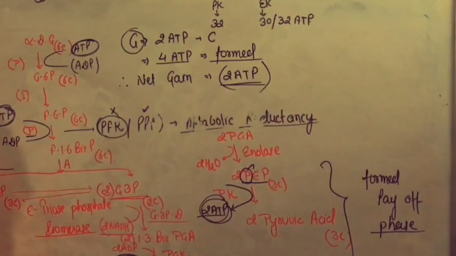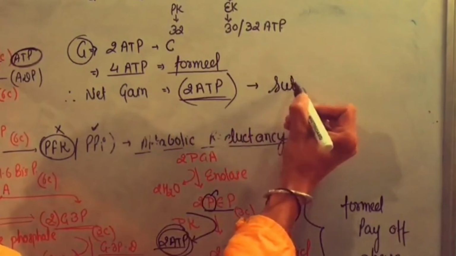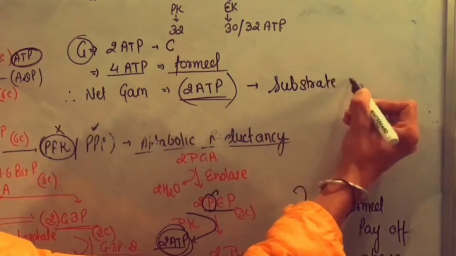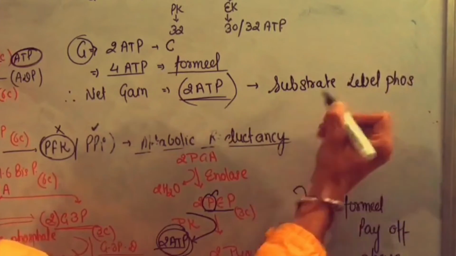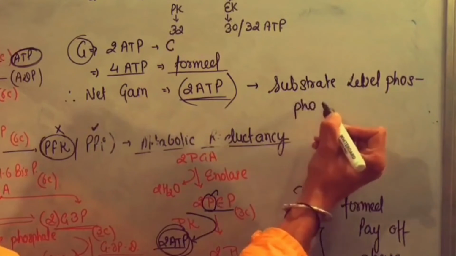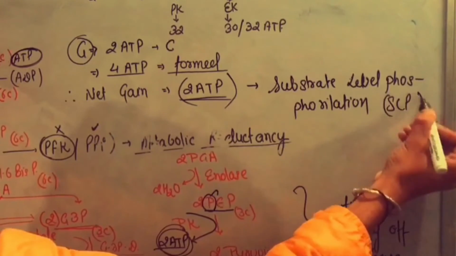These 2 ATP are formed by substrate level phosphorylation, also known as SLP.